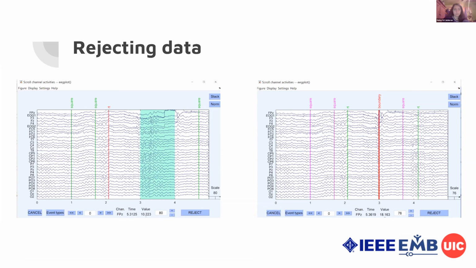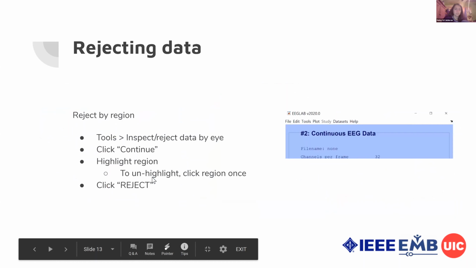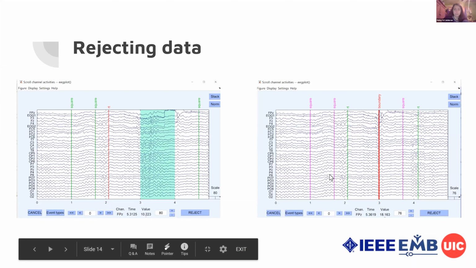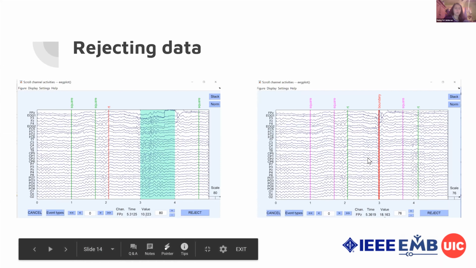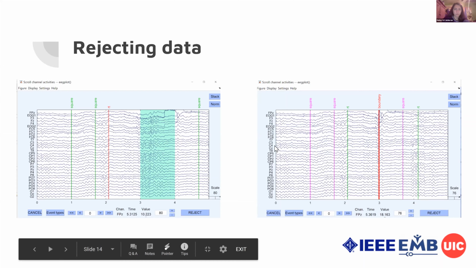So I highlighted it and went through the steps I just talked about: tools, inspect/reject data by eye, continue, highlight, reject, and then the plot on the right is what you end up with. It has a very definitive line marked with the word boundary that shows you where you took out that piece of data, and then you put the signal back together. I'll show you what that looks like when you actually do it.